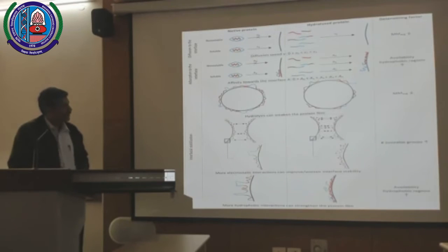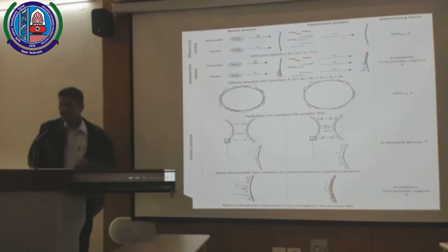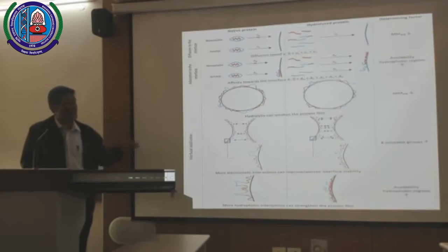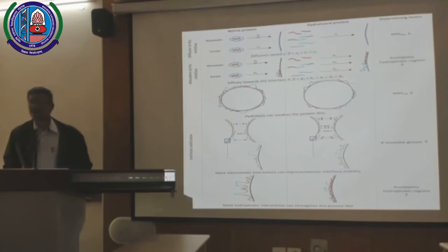If you look at the interfacial stabilization, it's a complex graph, I agree. But the mechanism has to be clear in comparison to that. I was talking about more of the hydrophobic groups being exposed. When we expose the hydrophobic groups, you can have more active sites, and then the protein is more easily accessible. So it's just a representation of that. Any questions here?